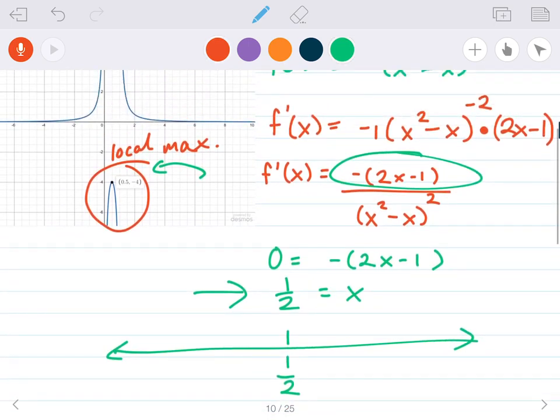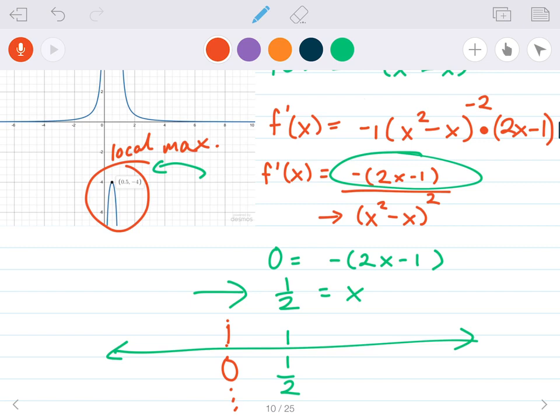Let's see. So at 0, it's undefined, right? We have an asymptote at 0 because if we plug 0 into the first derivative, we're going to get 0 in the denominator, so that's not good. So maybe we should pick something a little bit closer to 1/2 to the left of it.